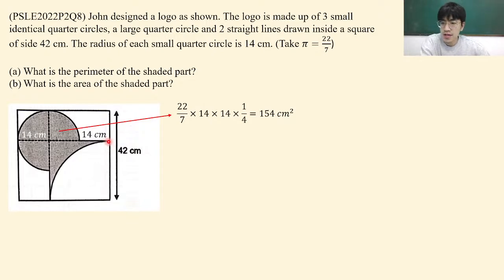So over here, we see that this is actually a square with side length of 28. And we see that this blank area over here is actually a quarter circle.